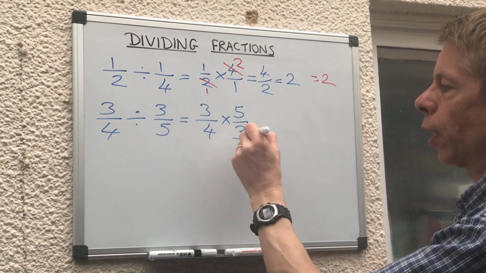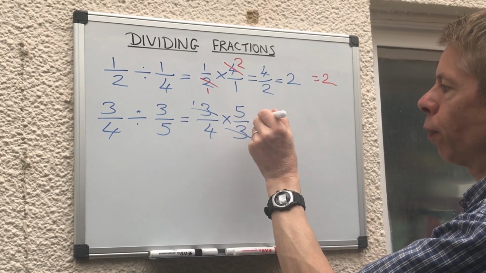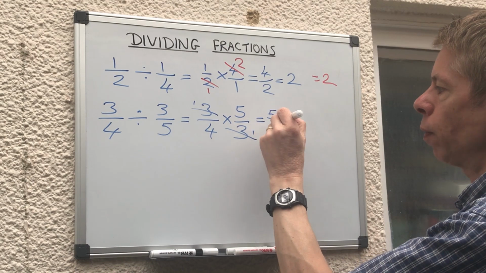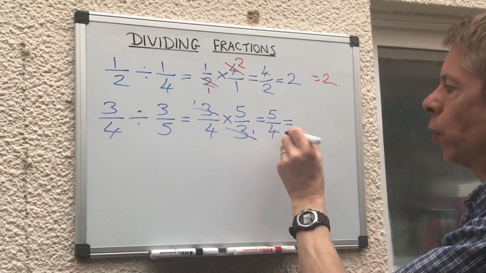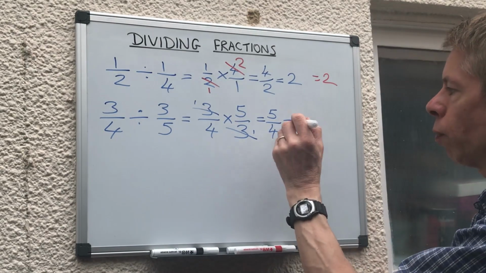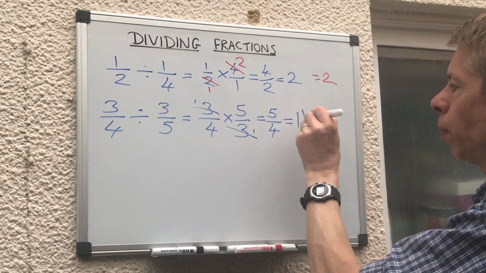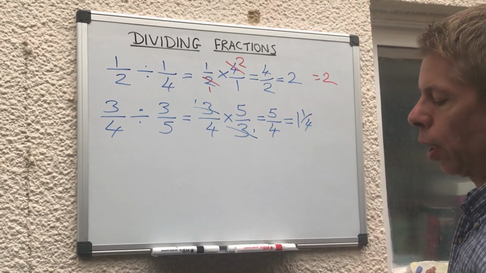Now we might as well do the cancelling bit, so cancel that with that. We've now got 5 over 4, so we just write 5 over 4 there. 5 over 4, remember our simplifying improper fractions, how many 4's in 5? 1, remainder 1, take that, put it there, so 1 1/4.